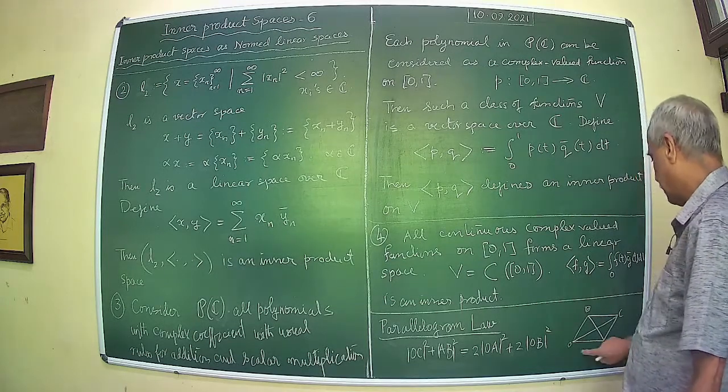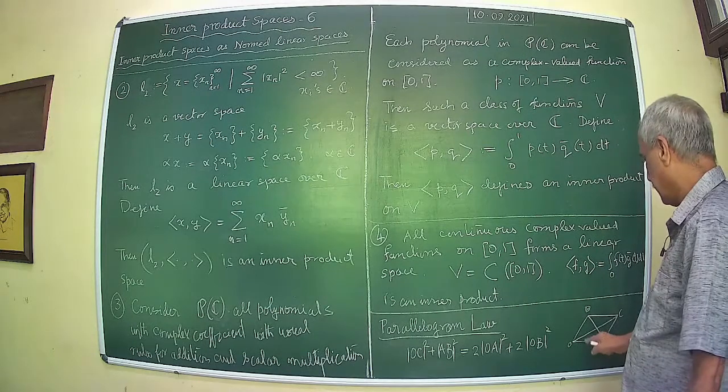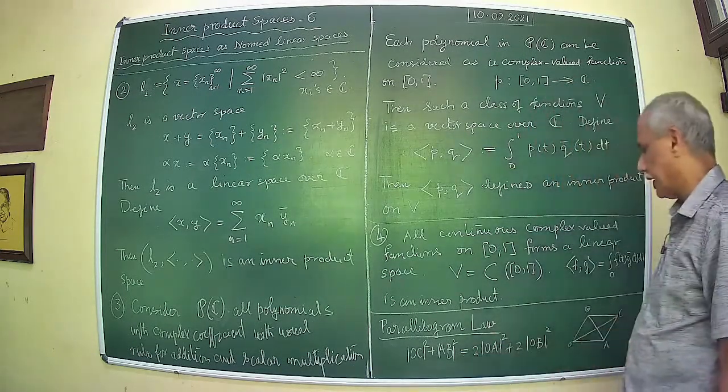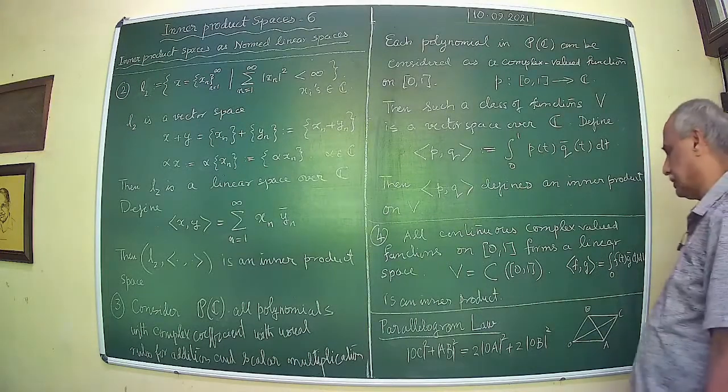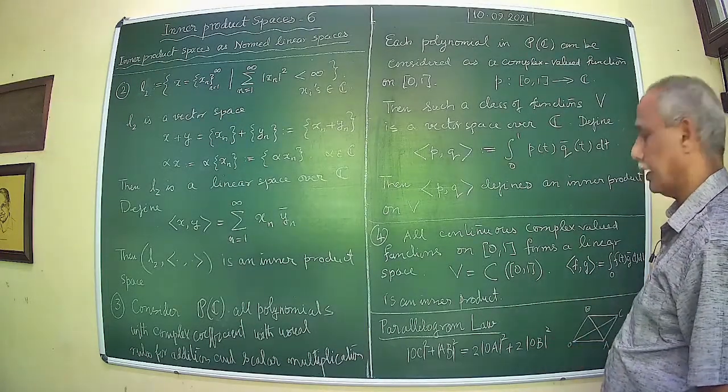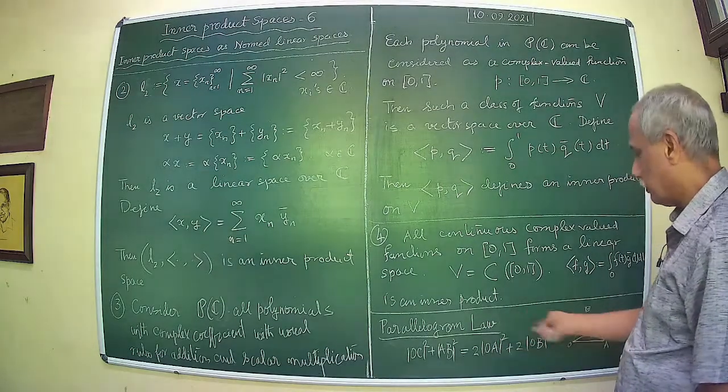And because you see OA equal to BC and OB equal to AC, so we don't write it separately. So you write it as twice distance OA square, twice length OB square. Okay, so this is what you observe.